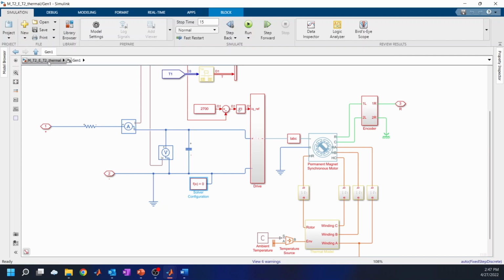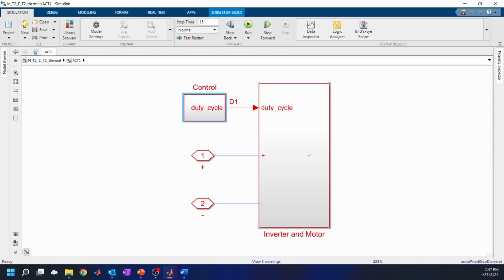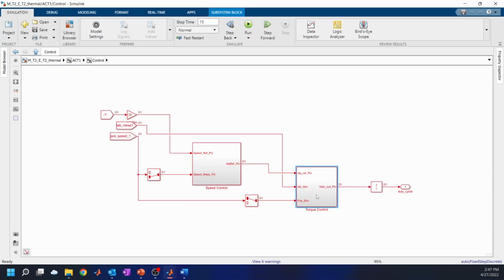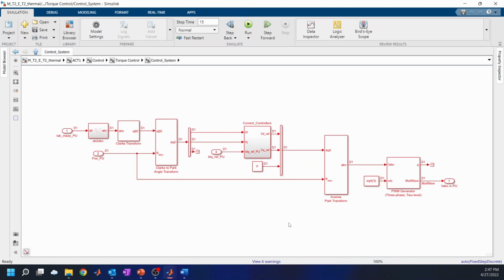On the electrical system, let's take a look at one of the ailerons, for example the left aileron here. So we go into the PMSM with field-oriented control. Let me open the torque control loop here. So what we can see here is the following. We can recognize the standard configuration for the inner torque loop, or inner current loop, for a field-oriented control system.